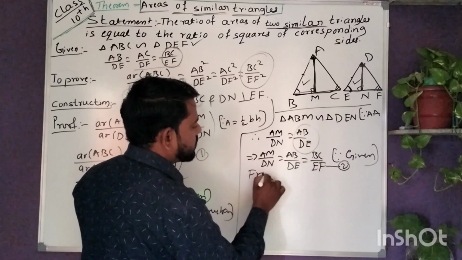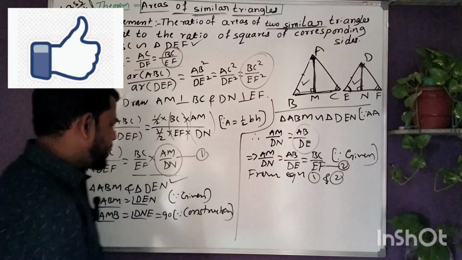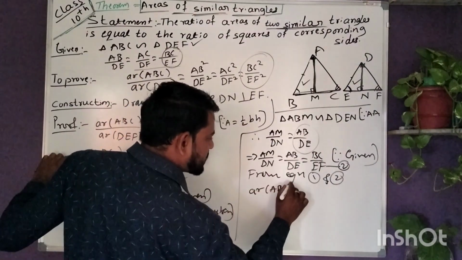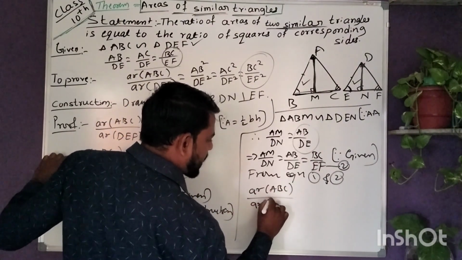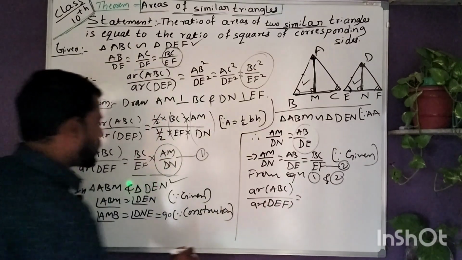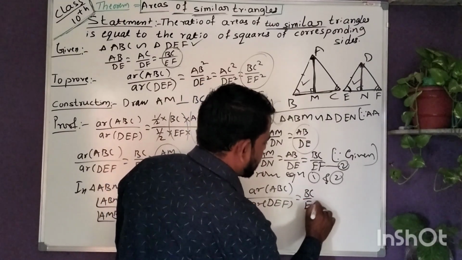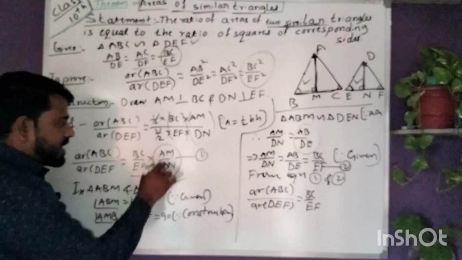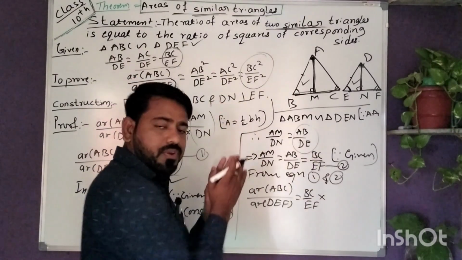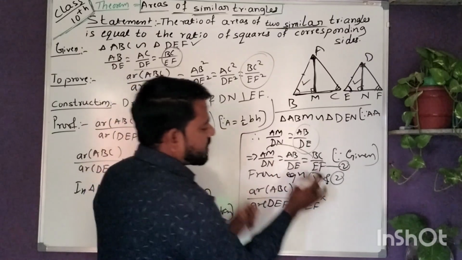Equation 1 is area of triangle ABC by area of triangle DEF is equal to BC by EF into AM by DN. In place of AM by DN, I write BC by EF, because from equation 2, AM by DN is equal to BC by EF.